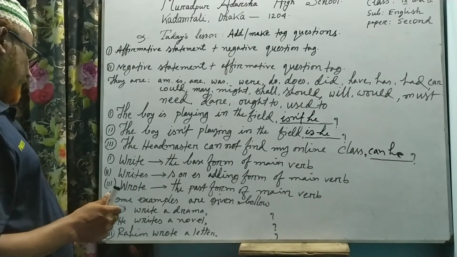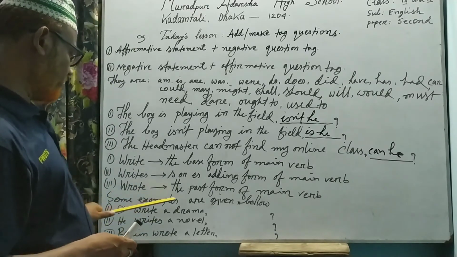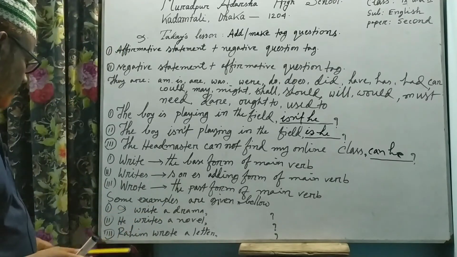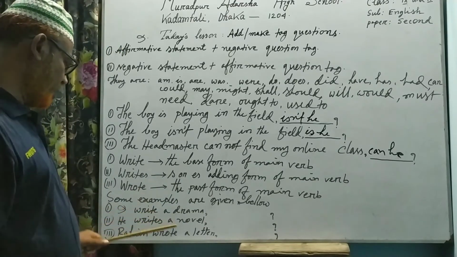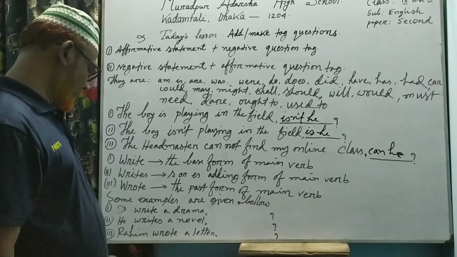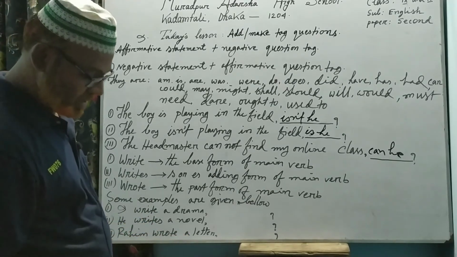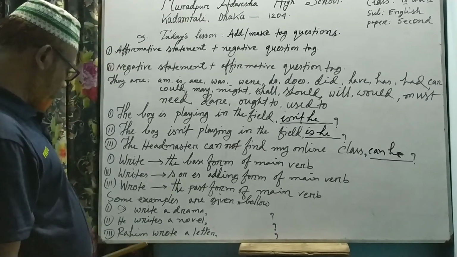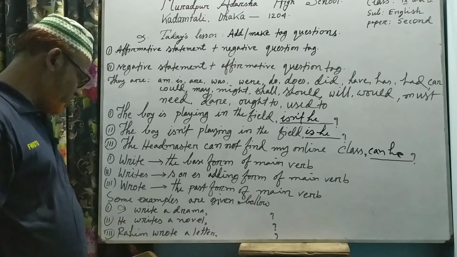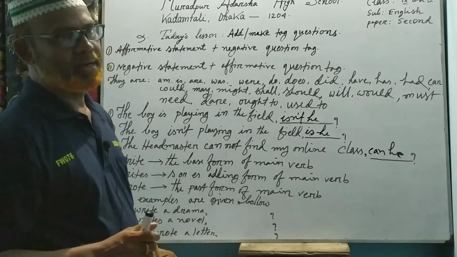See, some examples are given below for you. Number 1, I write a drama. He writes a novel. And number 3, Rohim wrote a letter.